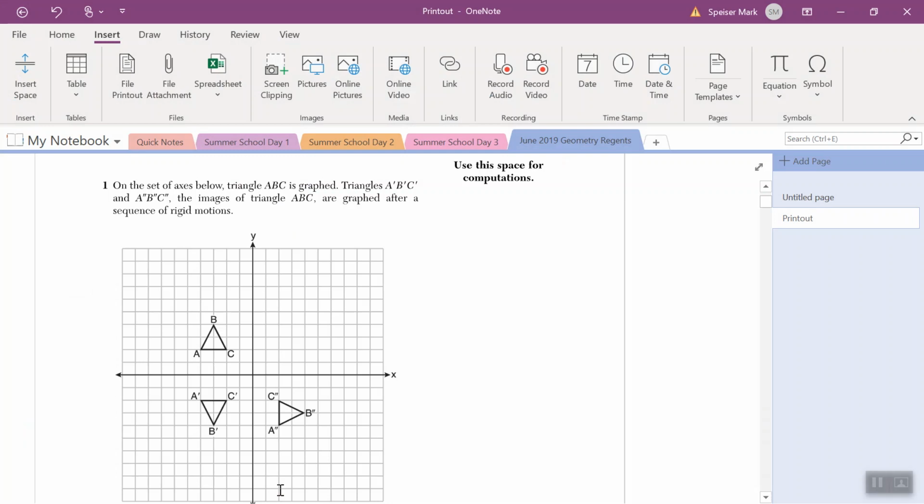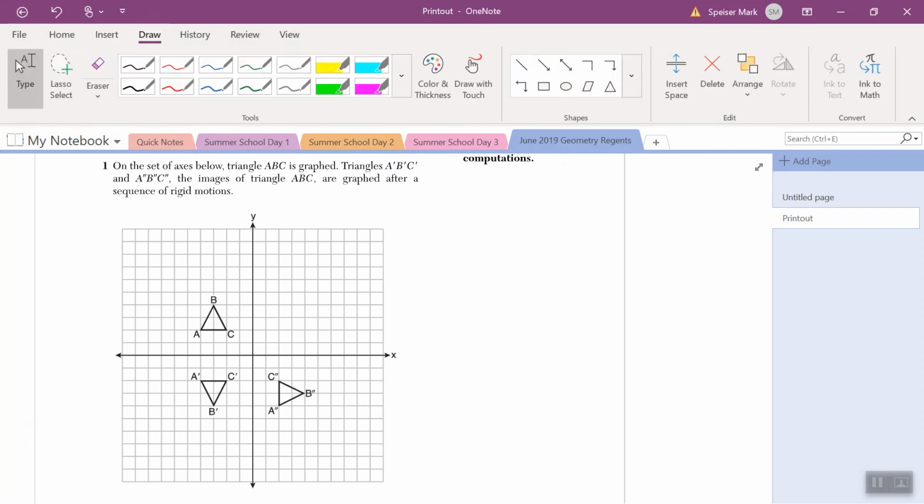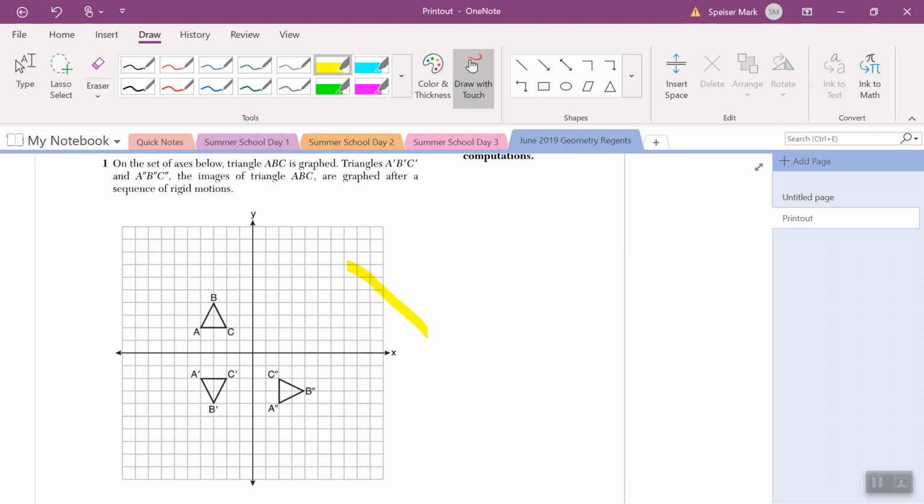Question 1. On the set of axes below, triangle ABC is graphed, along with triangles A prime, B prime, C prime, and A double prime, B double prime, C double prime.